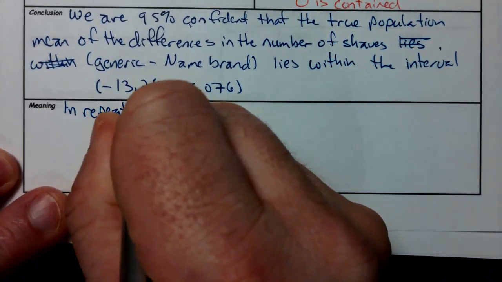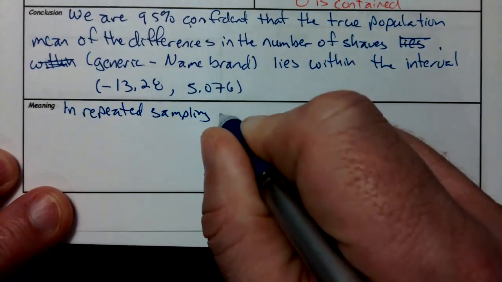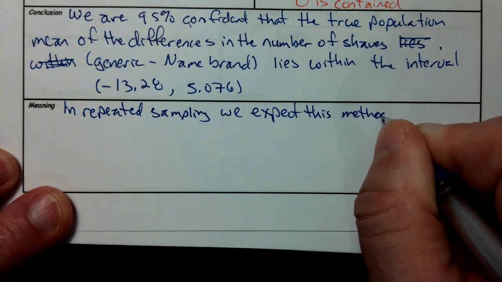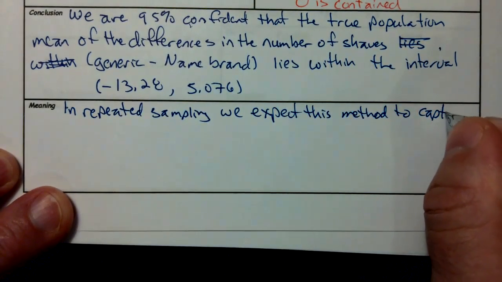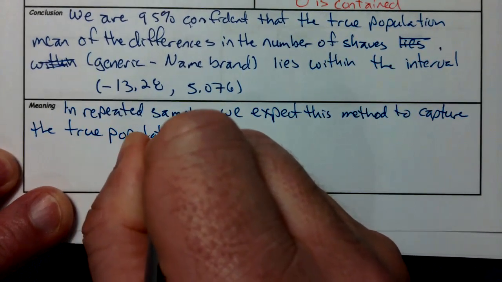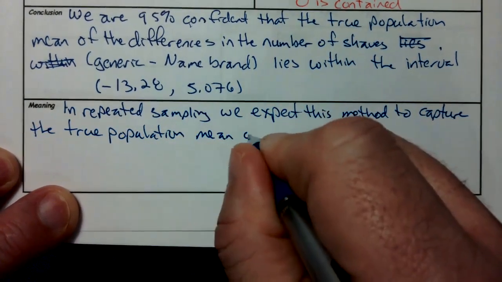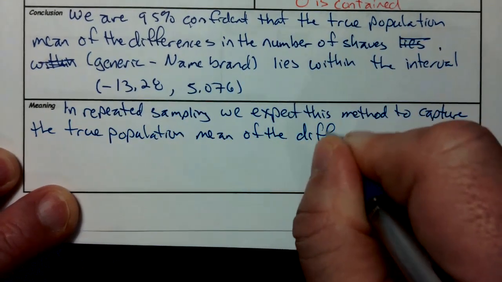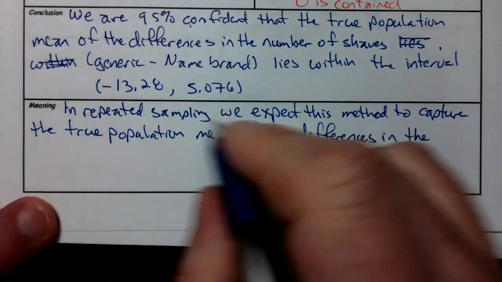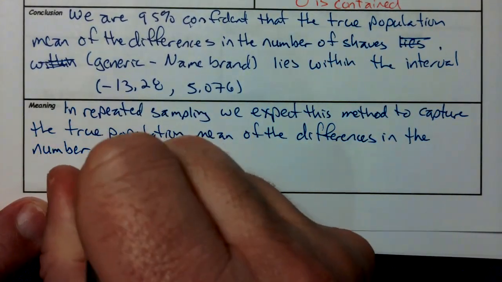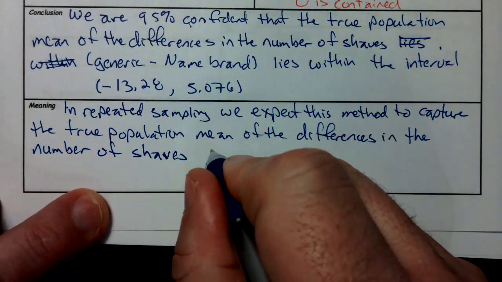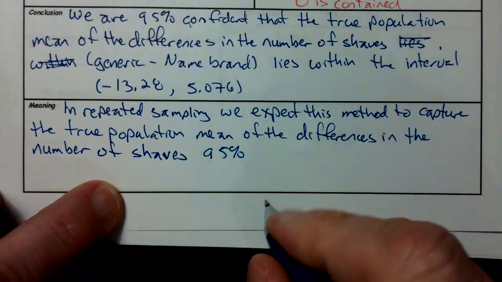In other words, if we did this over and over again, in repeated sampling we expect this method to capture the true population mean of the differences in the number of shaves 95% of the time.